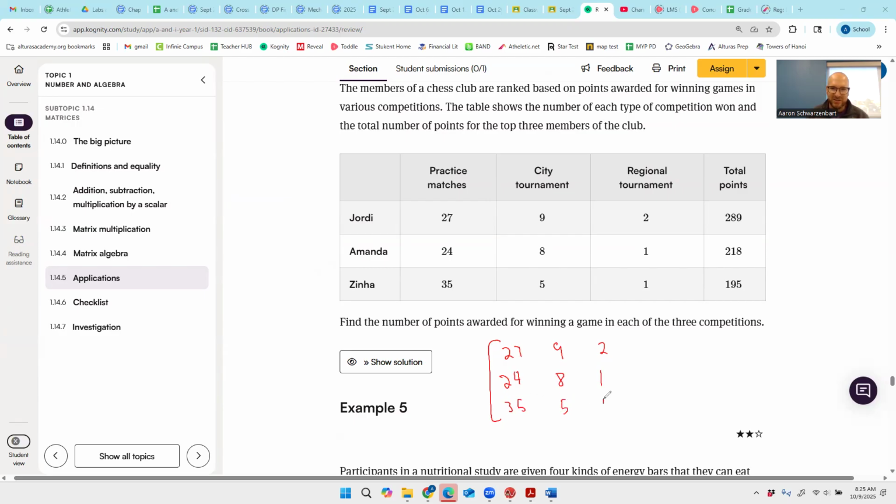But the way they're thinking of it is the table times points awarded for each type of win equals the total. It's the points for winning a practice match, a city tournament, or a regional tournament. And we just solve our system.